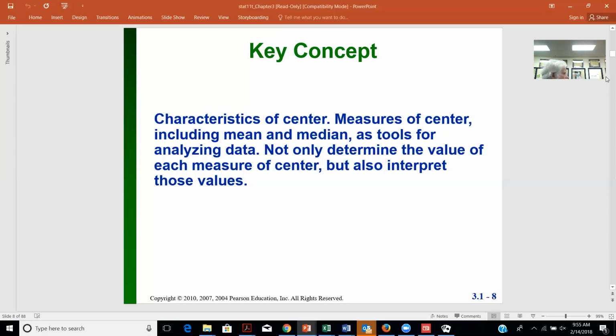Another method of looking at the midpoint of data is to look at something we call the mid-range. The mid-range is simply looking at the highest data point and the lowest data point, adding them together and dividing by 2. Again, this is not a resistant form.